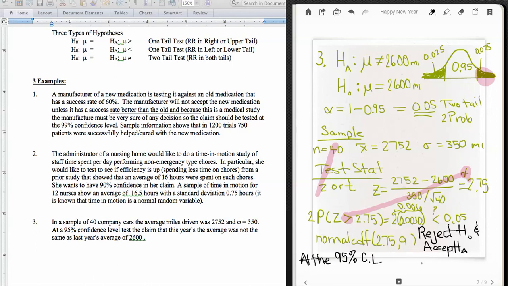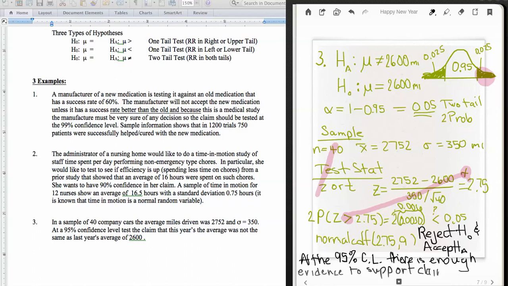At the 95% confidence level, there is enough evidence to support the claim that mileage is different from last year.